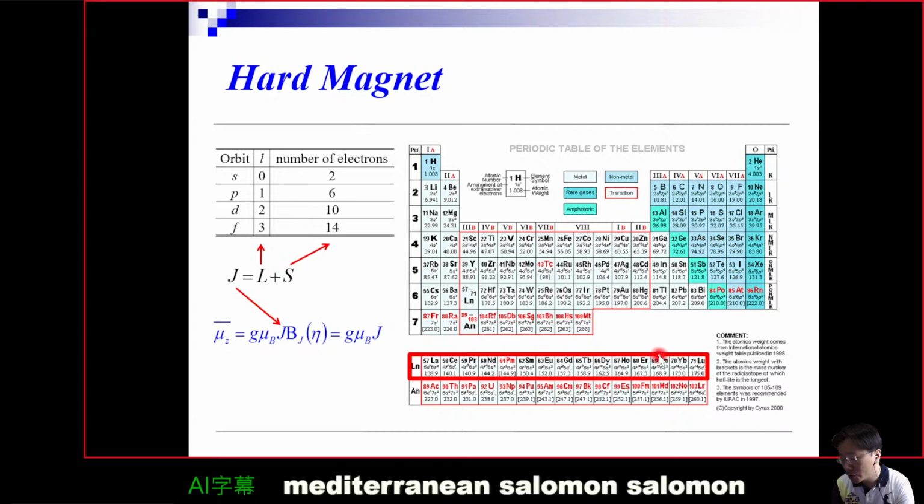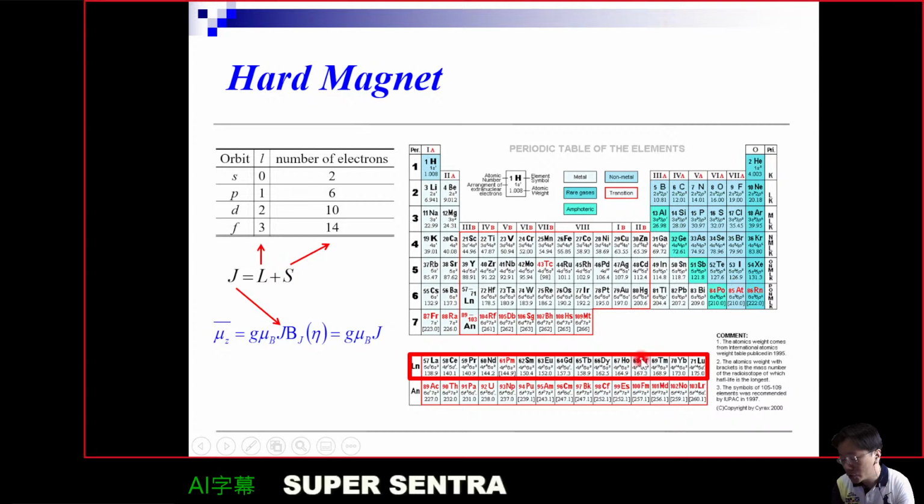Okay, so the most important rare earth element, I think 90% of rare earth elements, is made by China, so they can control the development of hard magnets.